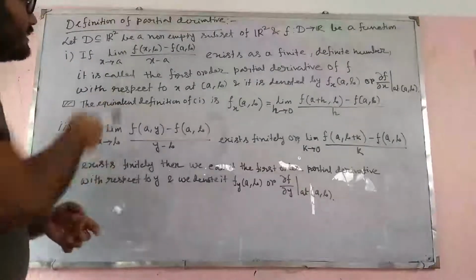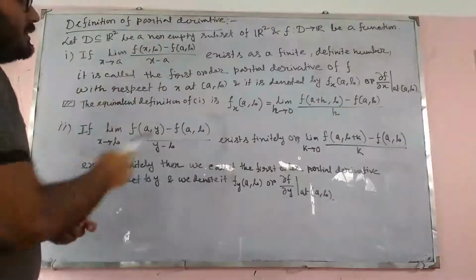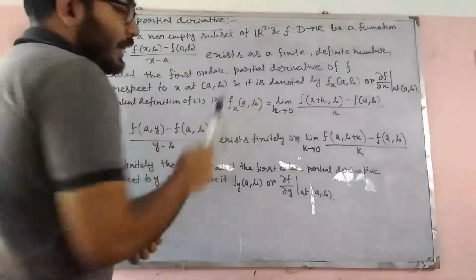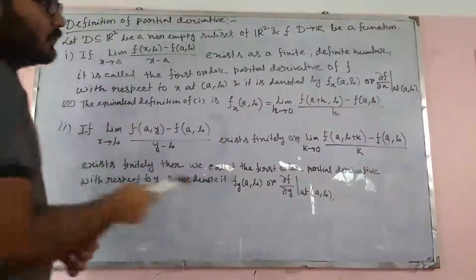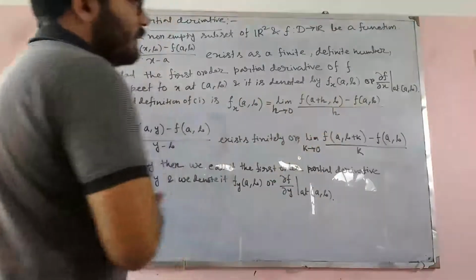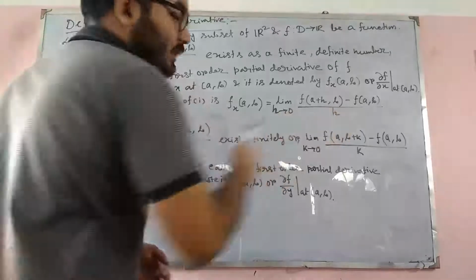The equivalent definition of this is fx a comma b is equal to limit h tends to 0 of f of a plus h comma b minus f of a comma b, whole divided by h.